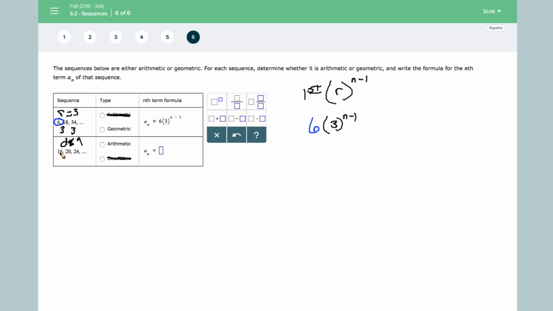Okay, if my difference is 4, then that means I need to use the y equals mx plus b, where m is the difference, and b is the zero term. Okay, so what's our zero term? If I go one more that direction, it would be 12.